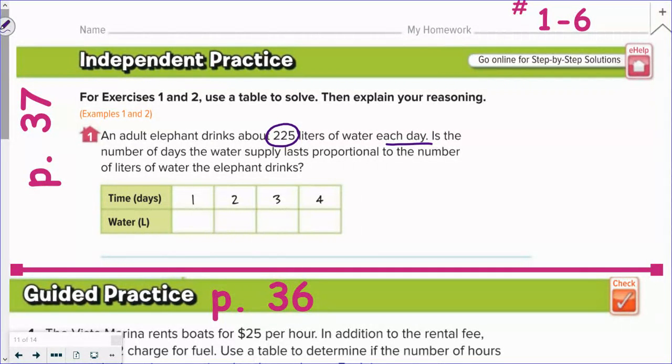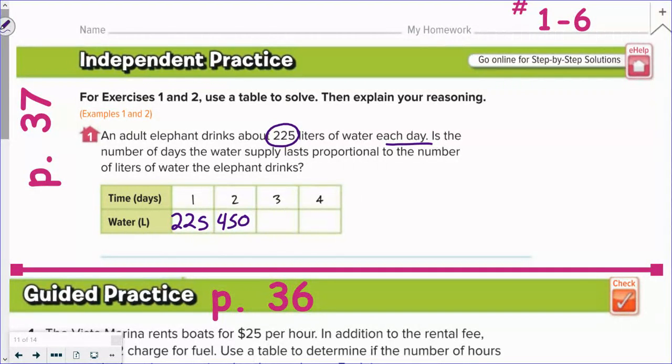Is the number of days and the water supply proportional? So what we want to do, the first day, how much water does this elephant drink? 225. After 2 days, how much has the elephant drunk? Well, if we add up another 225, we get 450.